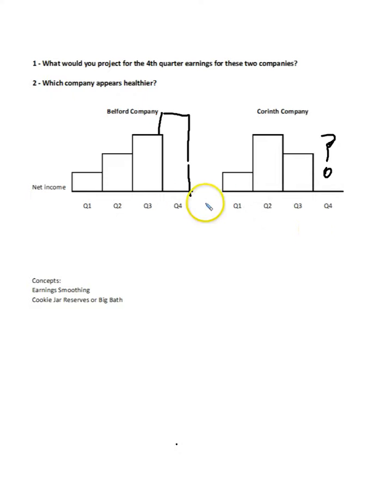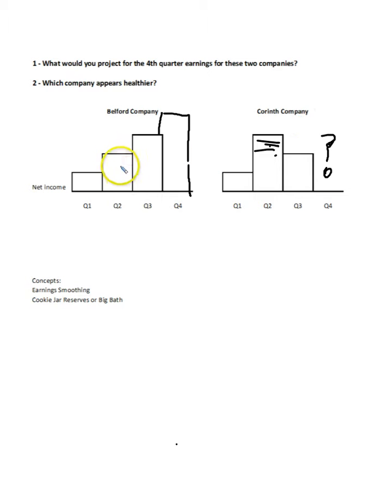This may be what really happened to each of these companies, but it's also possible that Belford indulged in a little bit of what we'll call income smoothing or earnings smoothing, meaning that they may have actually had the income that Corinth had for the second quarter and third quarter, but they took some out of their second quarter and moved it over to the third quarter so that it would look like there'd been steady growth.